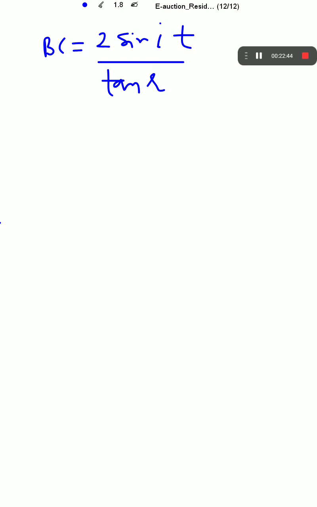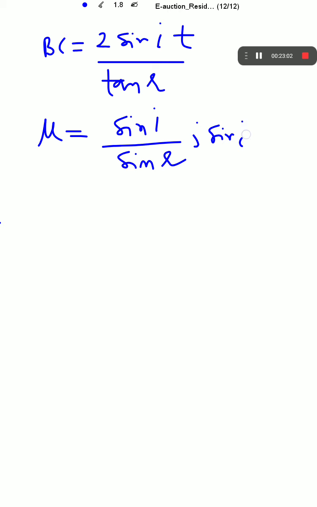T is there. Another thing we know is refractive index, mu equal to sin I divided by sin R. So I can write sin I equal to mu times sin of R. This is R here.